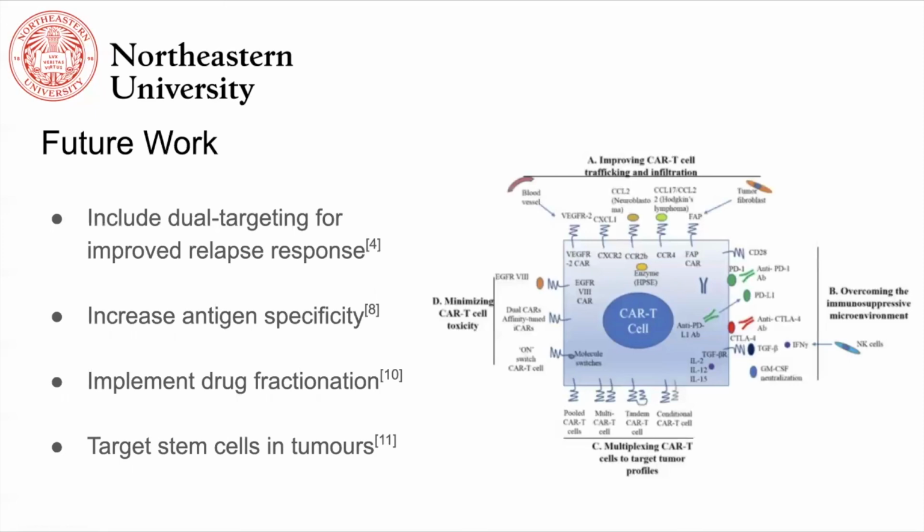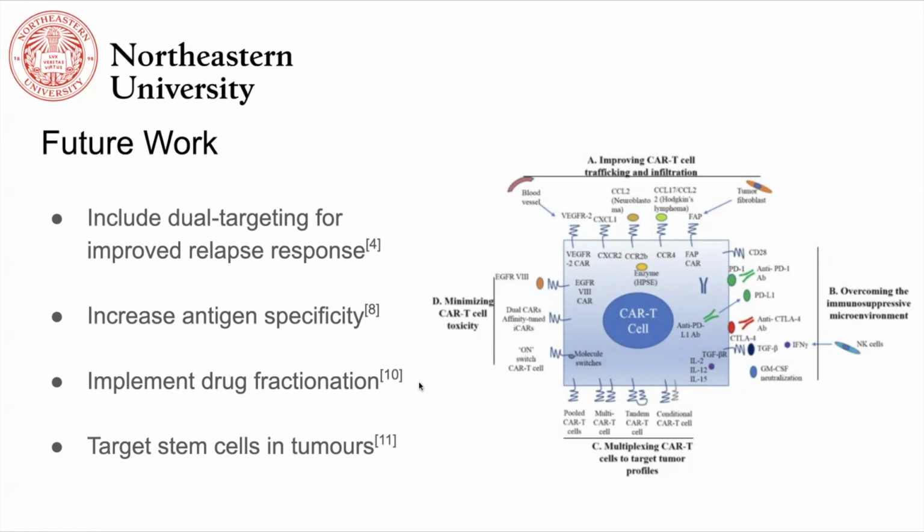There are also other ways of improving CAR T cell therapy being studied right now, such as including dual targeting or combination therapy for improved relapse response, which this paper tries to suggest with dual targeting CAR T cells. It is also possible to increase the antigen specificity, which would decrease the toxicity of larger CAR T cell doses and increase the efficiency of treatment.